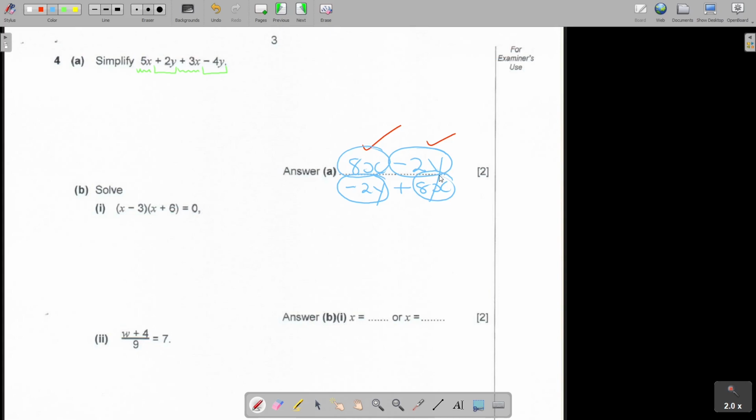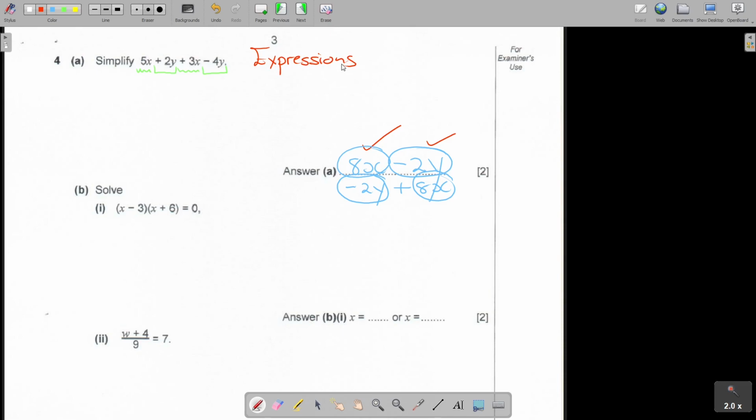We are staying with algebra, and I'm going to emphasize this a lot of times. If there's no equal sign, we call it expressions. That's why you found it in chapter 3, algebra expressions.